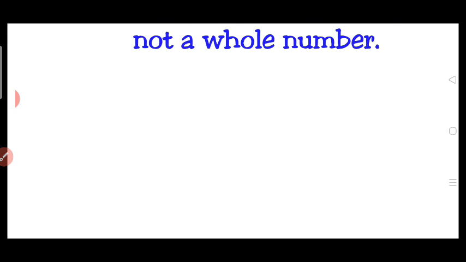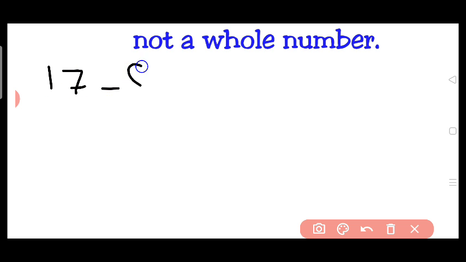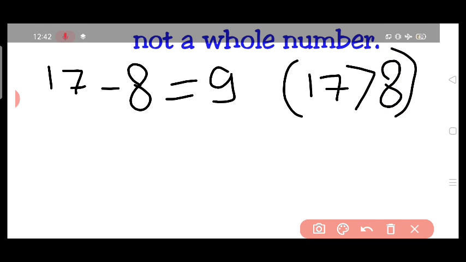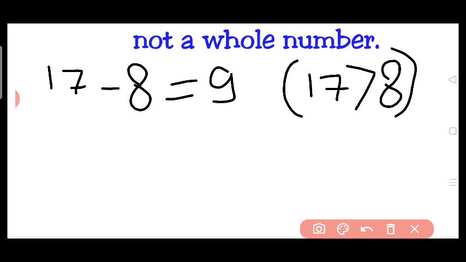Example, suppose we have 17 minus 8. So 17 minus 8 is 9. In that case 17 is greater than 8. 17 is a and 8 is b.